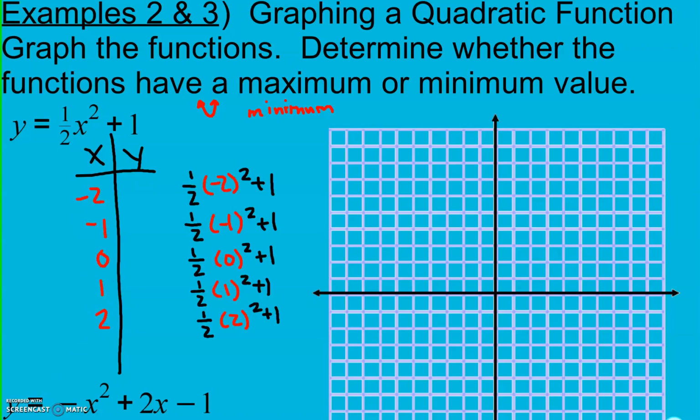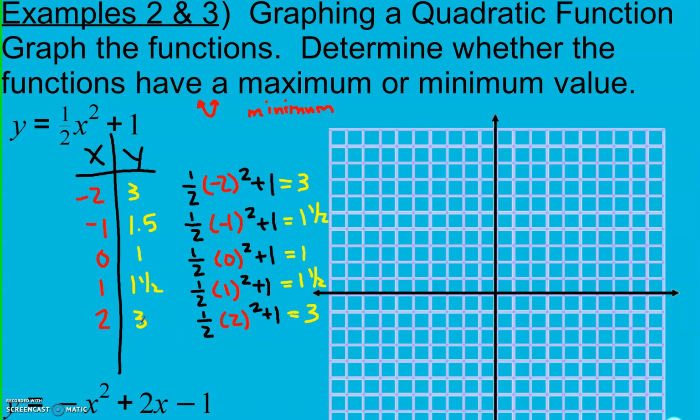Here I went ahead and plugged our values in, since we've done that a couple times now. I get 3, 1.5, 1, 1.5, and 3.